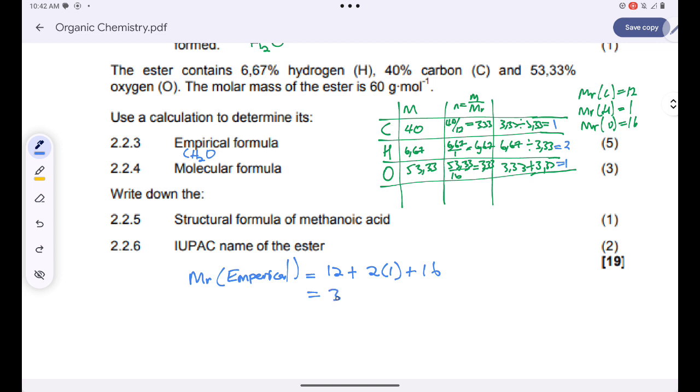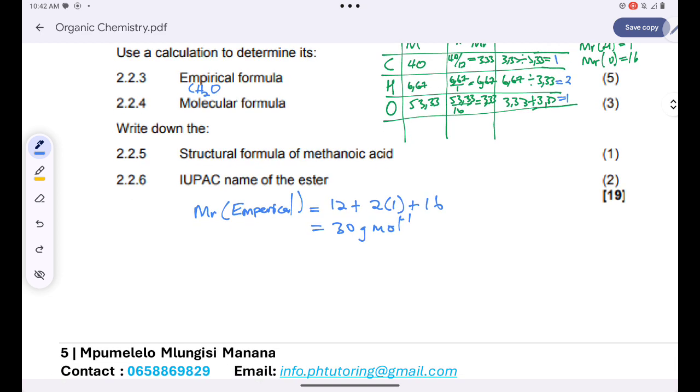This will give me 30 grams per mole altogether. And then for me to find the molecular formula, I just need to find the ratio of the molar mass which was given to me, 60 grams, over the 30 grams that I found. The answer is 2.